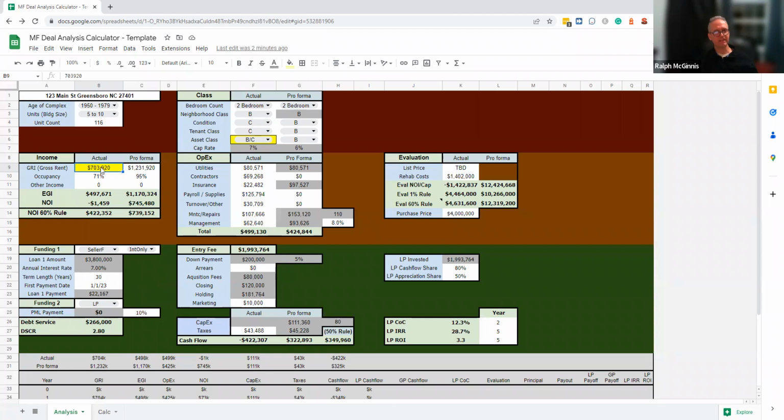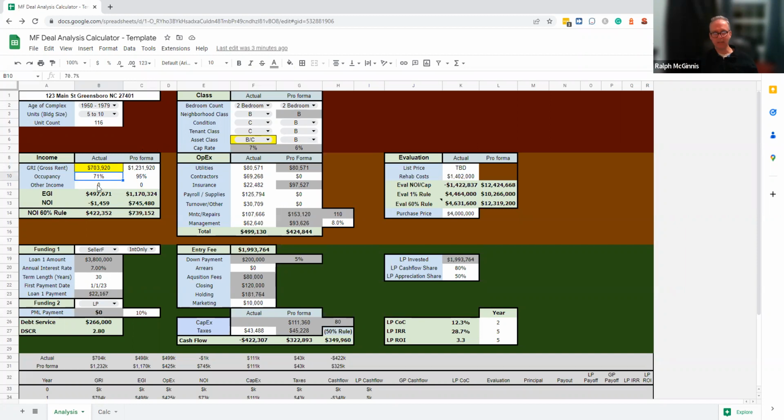So the next thing you want to try to capture is the occupancy rate. They may or may not have it. You want to make sure at least how many units are currently occupied. They might tell you it's 100% occupied, but that doesn't mean that's the occupancy rate. That means right now, at this moment, they're all occupied.